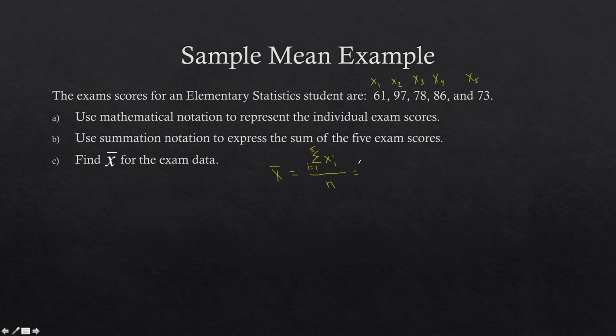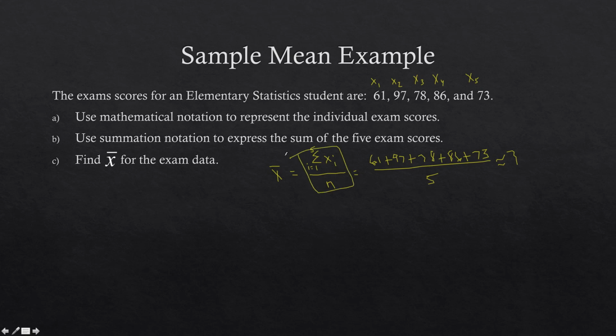So this is just really a fancy way of saying 61 plus 97 plus 78 plus 86 plus 73, all divided by 5. And you can punch that out and get your answer. I'm not worried about the answer. We're talking about the notation here.